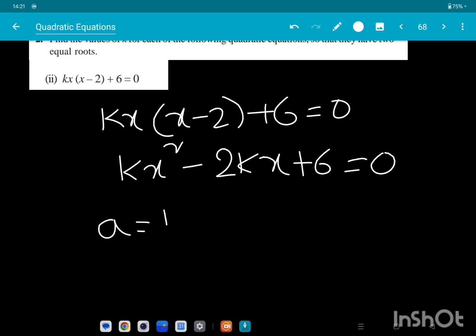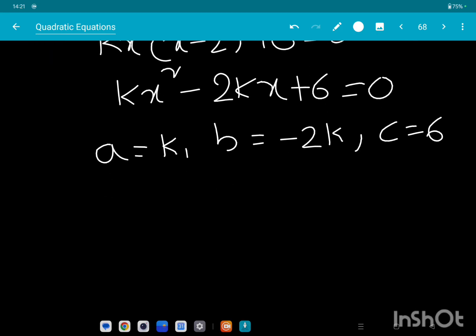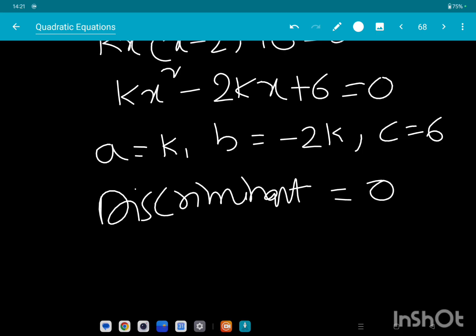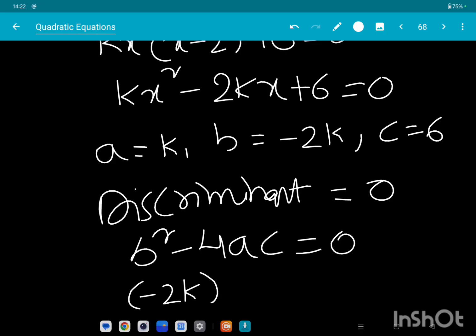Here a value is k, b value is minus 2k and c value is 6. It was given that they have two equal roots, which means discriminant is equals to 0, which is b square minus 4ac is equals to 0. So minus 2k whole square minus 4 into, what is the a value? k. c value is 6, is equals to 0.